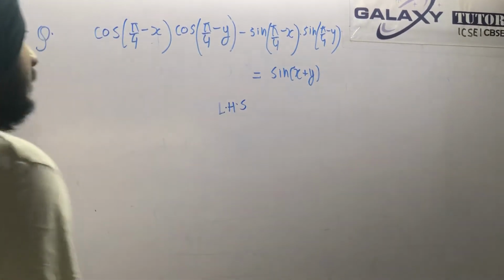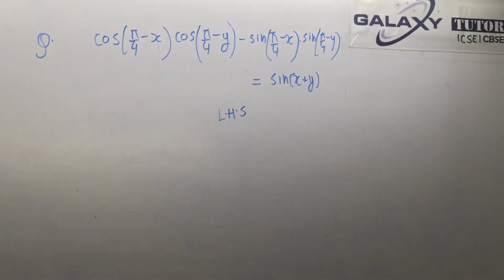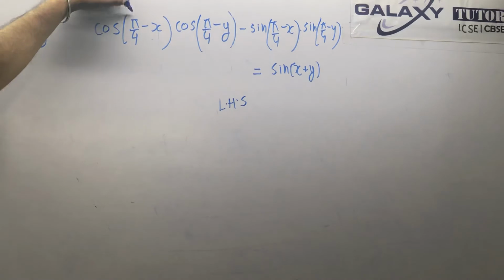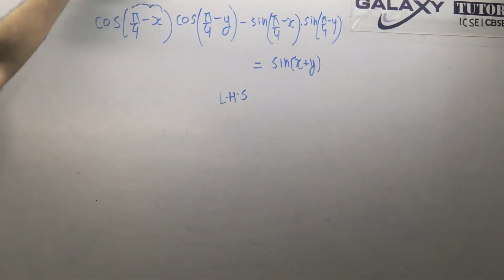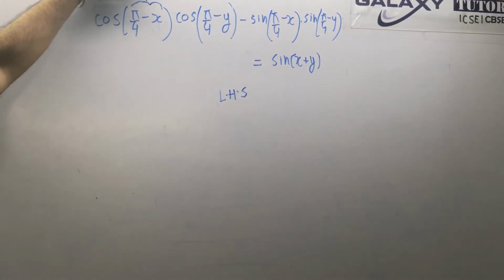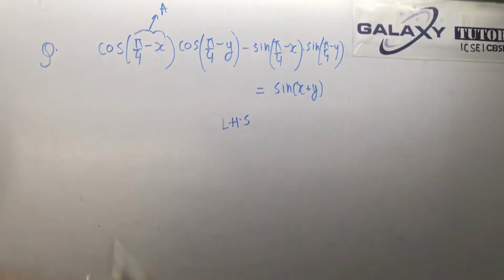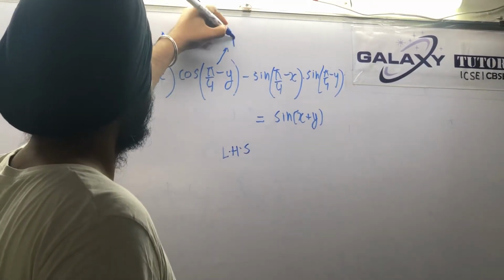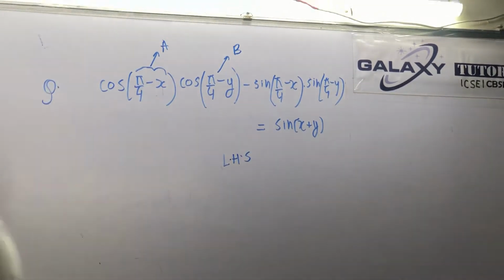Okay, so which identity will you use in this question? Now it might look a little bit complicated to you all. Okay, so instead of pi by 4 minus x, this whole angle, I will assume this whole angle as A. Okay, and I will assume pi by 4 minus y as B. Now look carefully, what do you see?